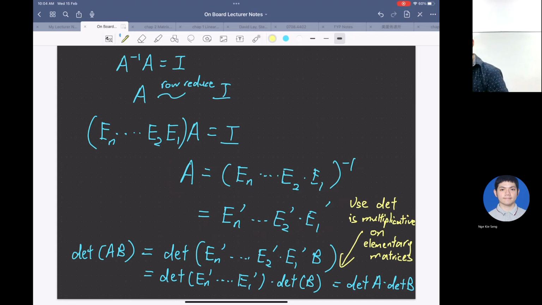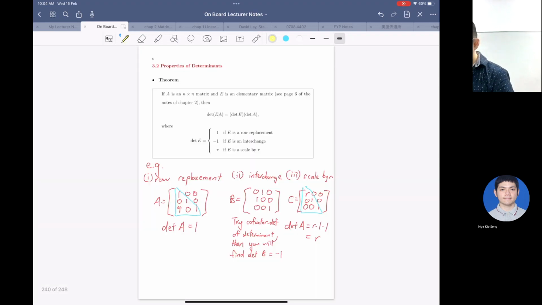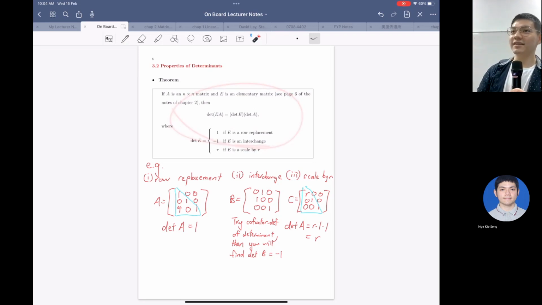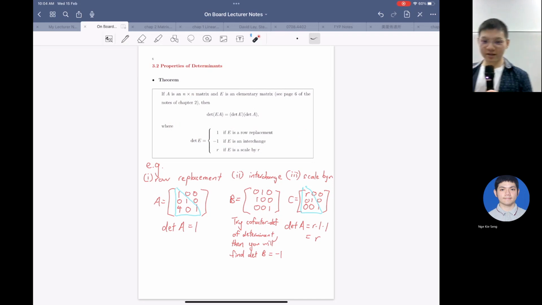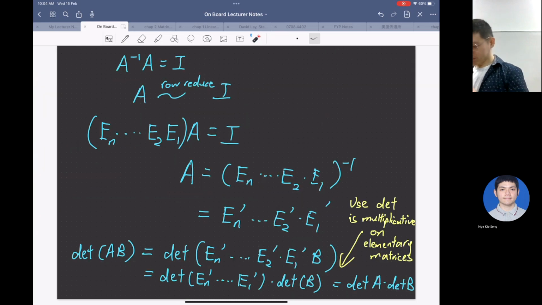So what we use is this theorem here, so we can split off the E's. We didn't prove this, but we use it in this proof here.